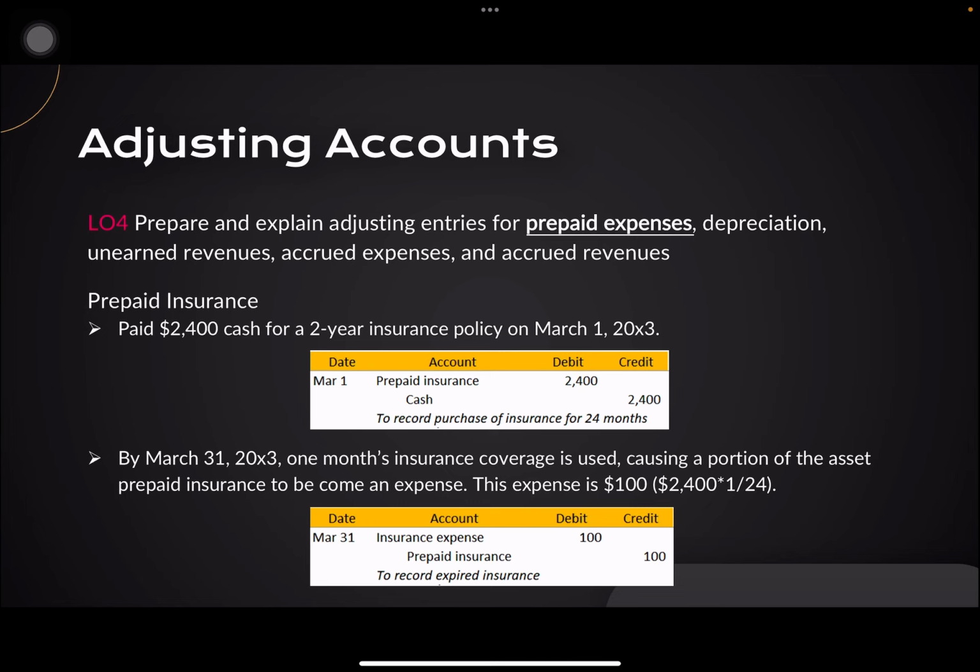First, you paid $2,400 in the form of cash. And you paid cash in order to purchase an insurance policy on March 1.